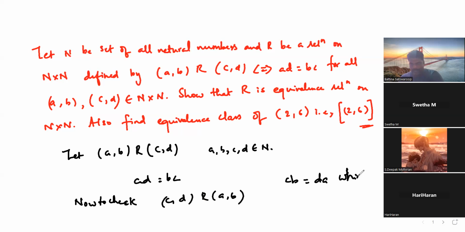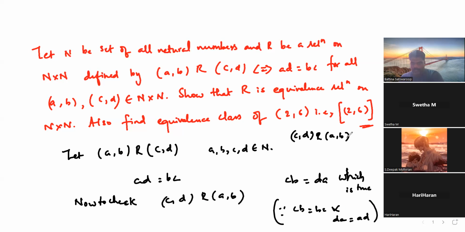It is true, right? Since CB is equal to BC and DA is equal to AD, I can say (C, D) is related to (A, B) and R is symmetric. Right? Yes, sir.